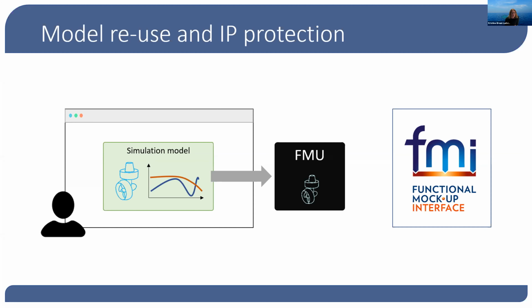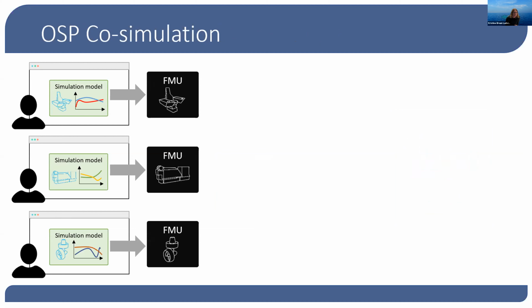We illustrate it in black here, because in the process of exporting the simulation model, it is compiled to binary code and therefore appears as a black box model to all users that you share it with. By using the existing FMI standard, we come a long way towards achieving model reuse and IP protection in our system. But we also want to add to this.